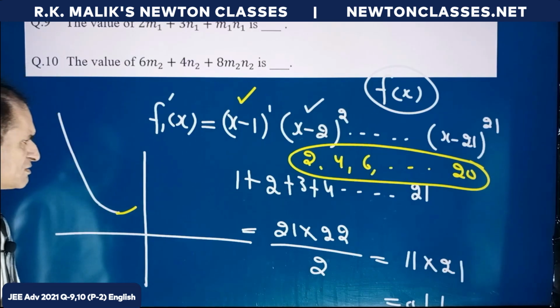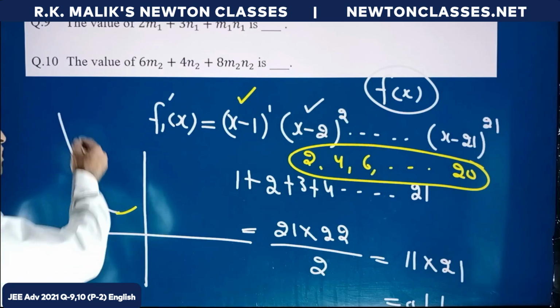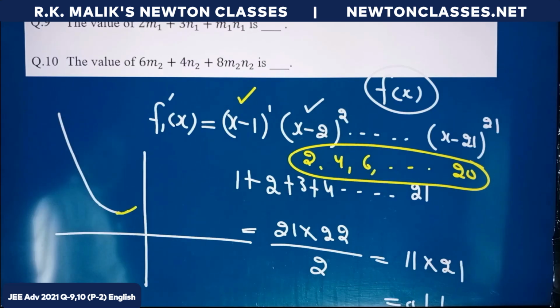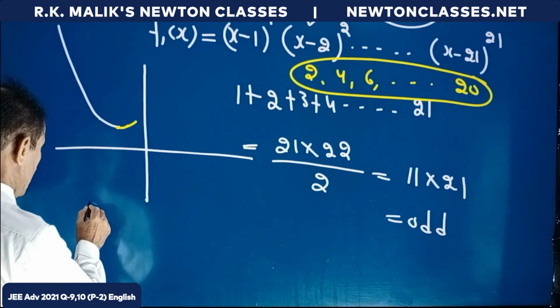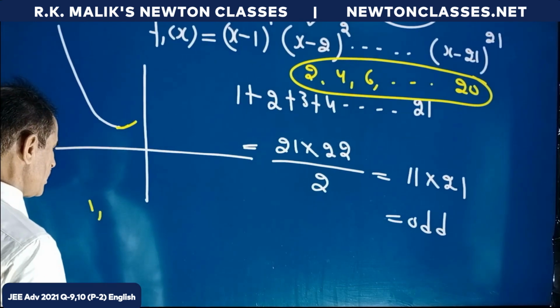From the graph itself it is clear that when the graph is coming from up, the very first turning point will be surely local minima only, and hence at x equal to 1 local minima will be there.